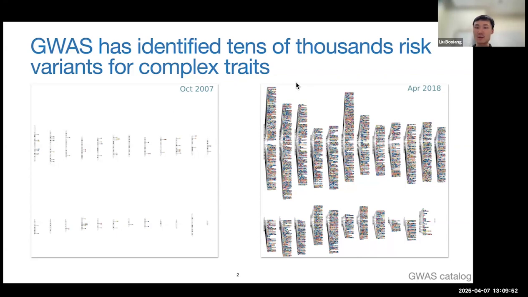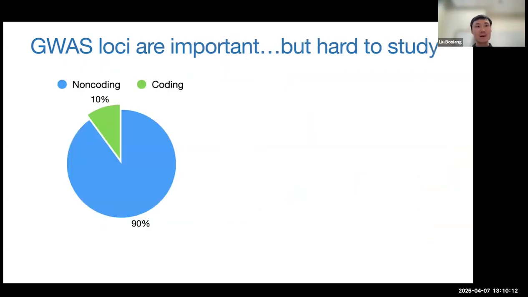There's a funny story behind this, because the GWAS catalog makes these figures every quarter, but the last figure on the right is the last one they made, because there's simply no space to insert more GWAS signals. It's too full across the genome. So we know that GWAS loci are quite important, but they're very hard to study because they're mostly situated in non-coding regions. 90% of GWAS loci are in non-coding regions, whereas 10% are in coding regions.